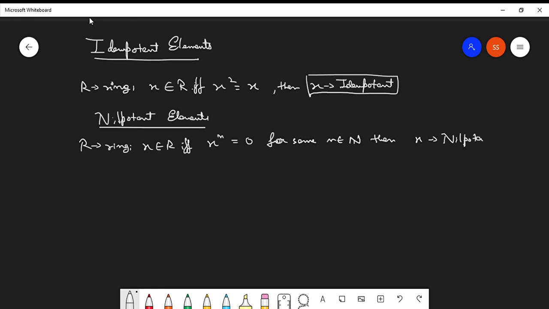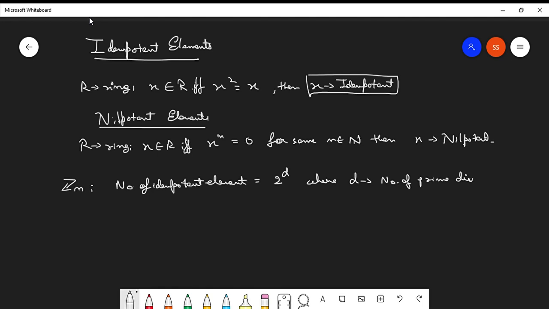Also I had said how to count idempotent elements. If you have a Zn ring, then the number of idempotent elements will be given as 2 to the power d, where d is the number of prime divisors of n.